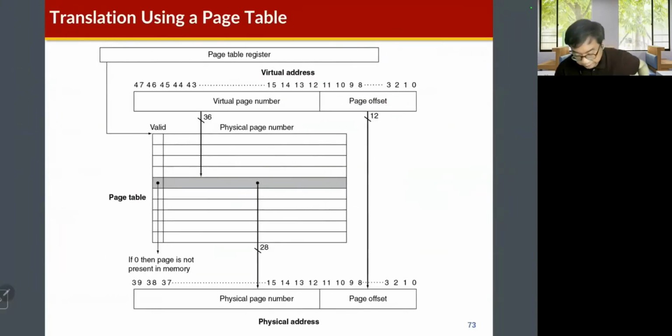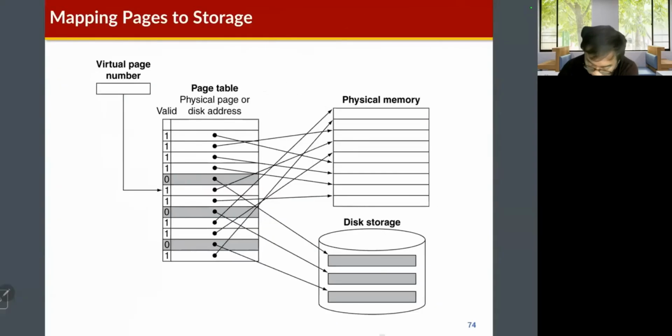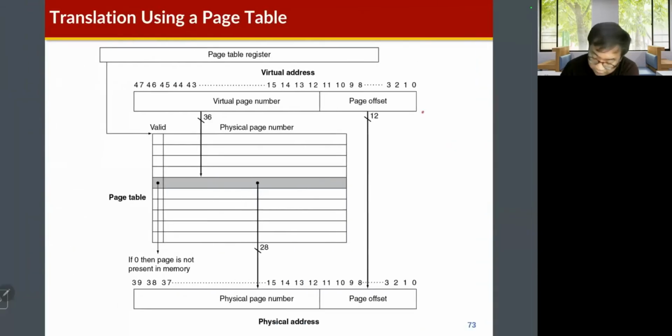So let's see how the virtual page numbers are translated into physical page numbers. This is the virtual address, and let us assume that the page size is 4 kilobytes. So the page offset occupies the lower 12 bits of the virtual address, and the page offset also occupies the lower 12 bits of the physical address.